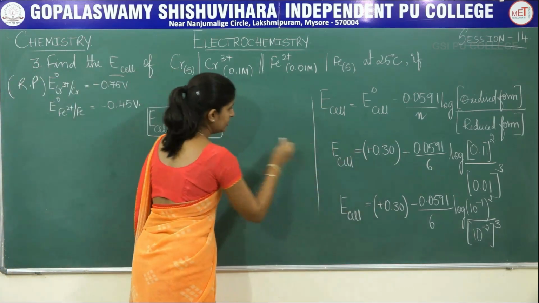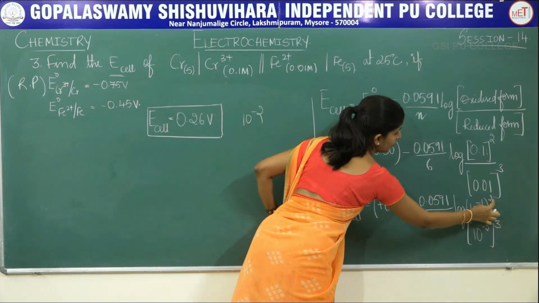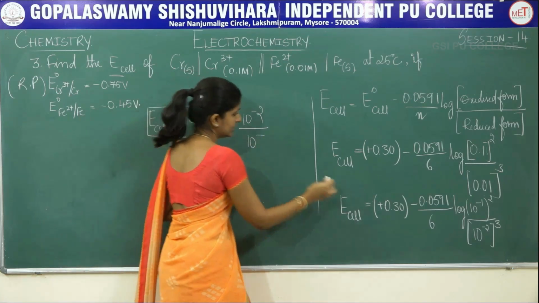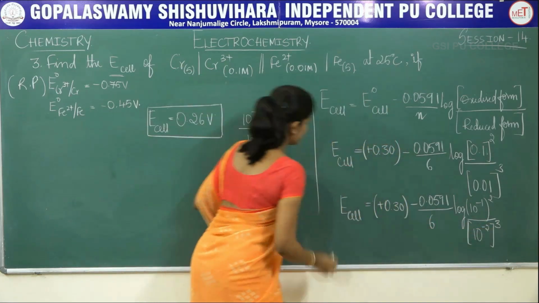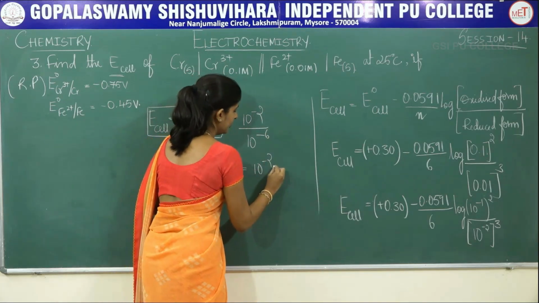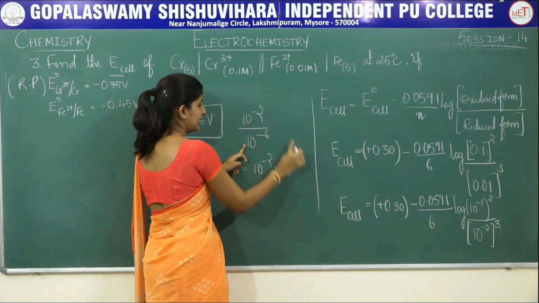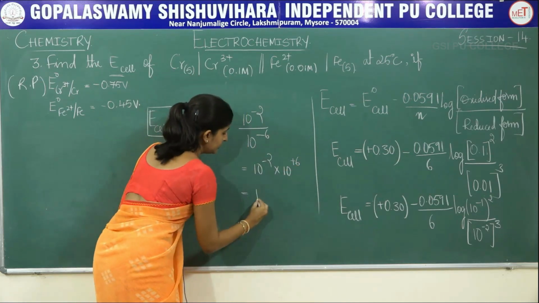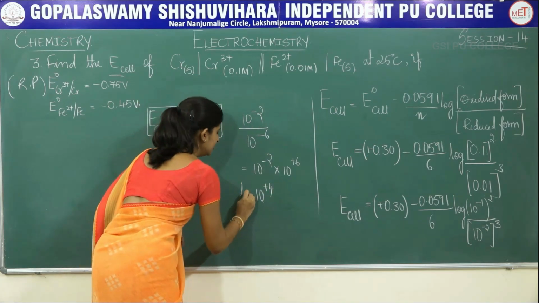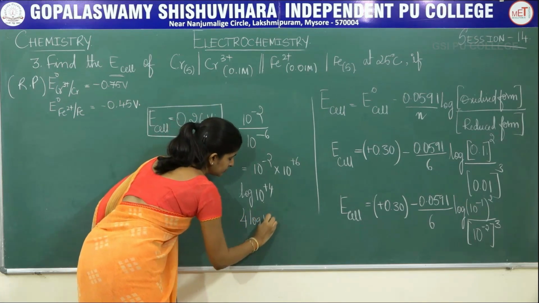The calculation here: 10 to the power of minus 1 whole square is 10 to the power of minus 2, divided by 10 to the power of minus 2 into 3, that is minus 6. This will be 10 to the power of minus 2 into 10 to the power of plus 6, because if it goes to the numerator, it becomes plus 6. That is equal to 10 to the power of plus 4. If you take log of this one, this becomes 4 log 10.